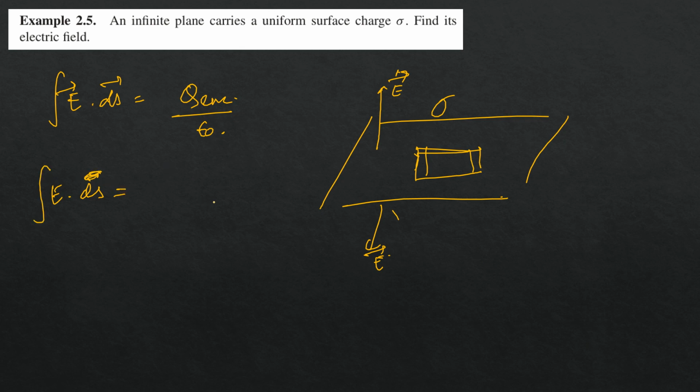How do we find E dS here? So E is pointing away from the surface. Here also pointing away.